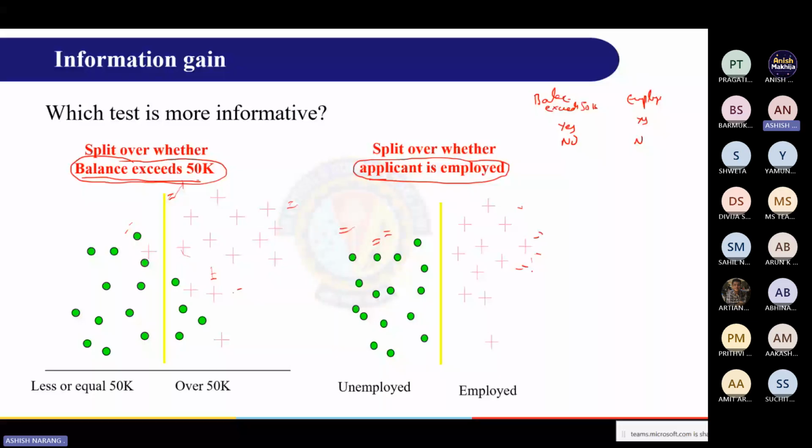Is it making sense to all of you what I said right now? Why test 2, employed or unemployed, is better than testing whether the balance exceeds 50K or is less than 50K? Is it making sense why split 2 is better? Shweta, Ali?